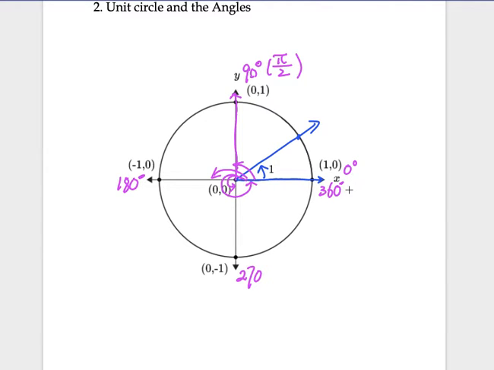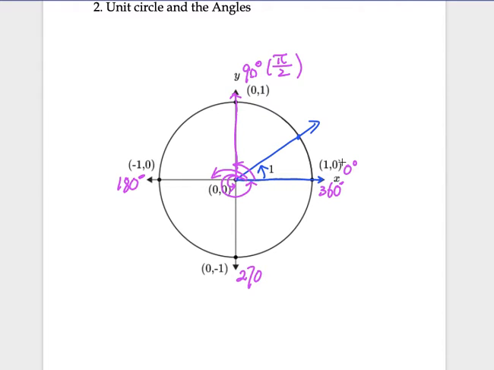So 0 degrees and 360 degrees come back to the same place, because after you go around the whole circle, of course you go back to where you started. So those are the special angles here: 0, 90, 180, 270, 360. These are very obvious angles on the unit circle, and we can associate coordinates with these angles.